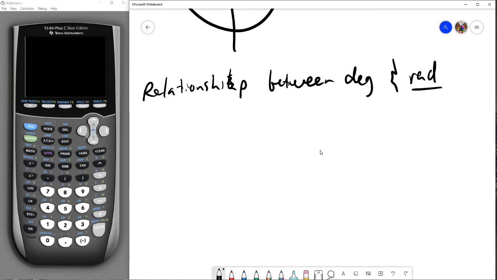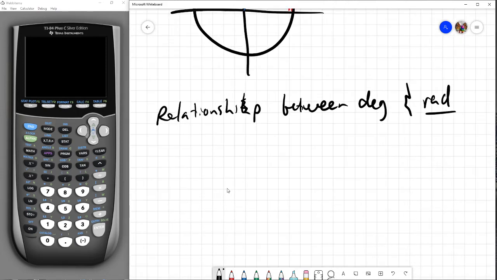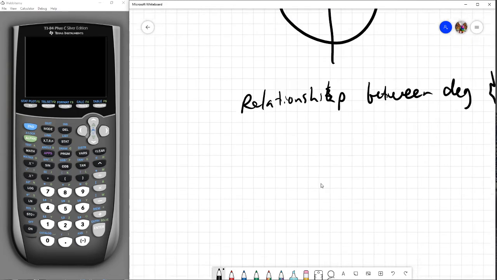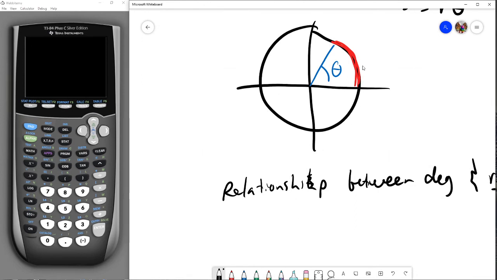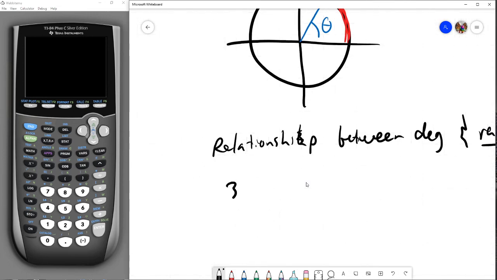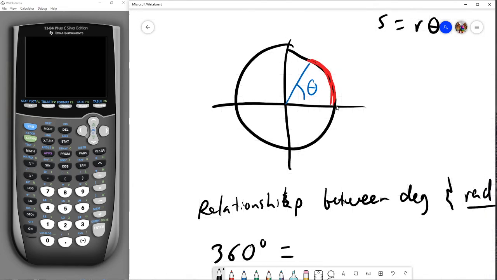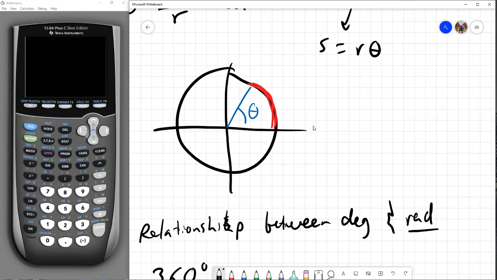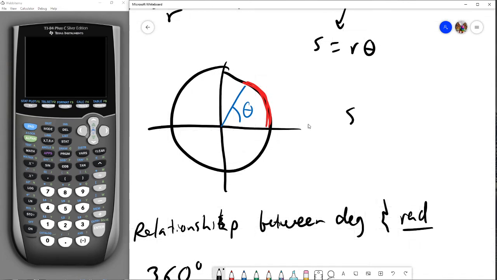Now, the relationship between degrees and radians goes back to our circle. If we go one full rotation around, that's 360 degrees. Going around the circle in terms of radians is an arc length. You would think the arc length equals 2 pi r, but it has to be divided by r.